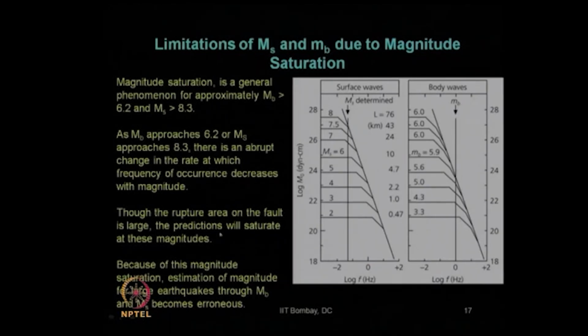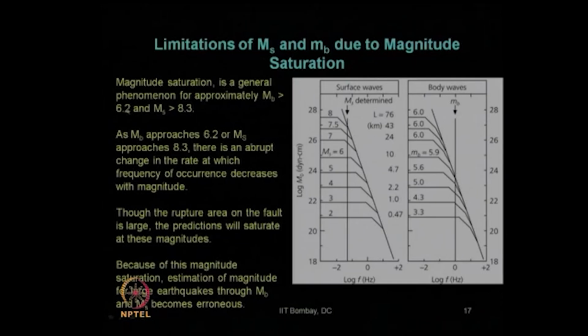Though the rupture area on the fault is large, the predictions will saturate at this magnitude, and because of this magnitude saturation problem, estimation of this magnitude for large earthquake using this body wave magnitude scale or the surface wave magnitude scale becomes erroneous. One should not use this scale beyond these values.